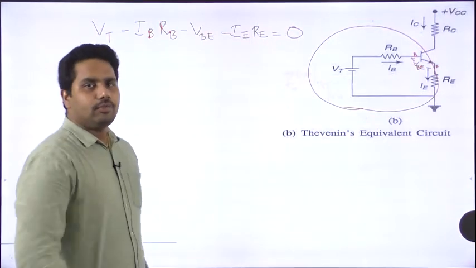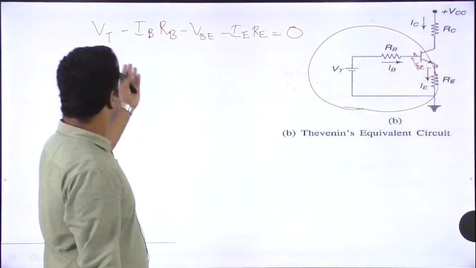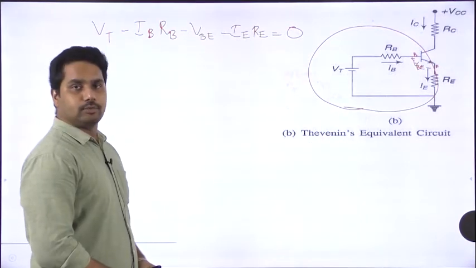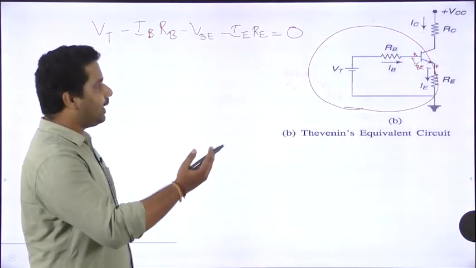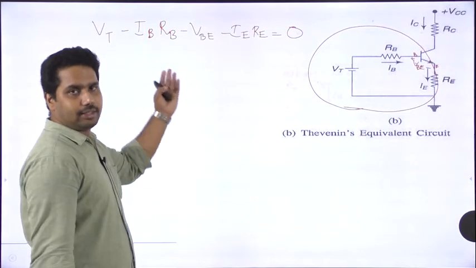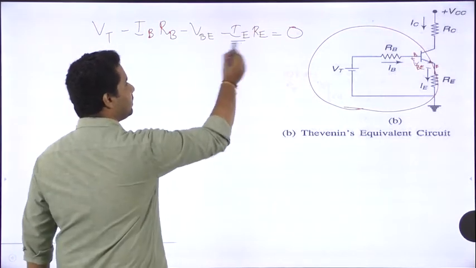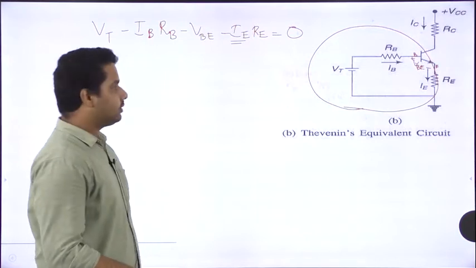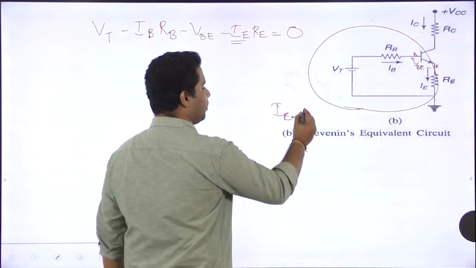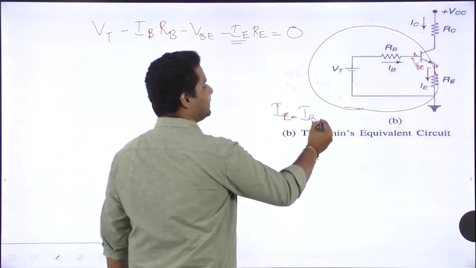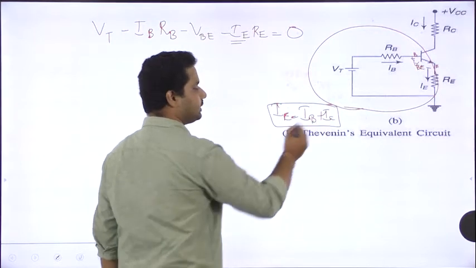So what did we do? We just applied KVL in the input loop. We got the equation like this. And here we have to take that IB, right? We have to get the expression for IB only. You see, what is this IE actually? IE is equal to IB plus IC. Emitter current is equal to base current plus collector current.